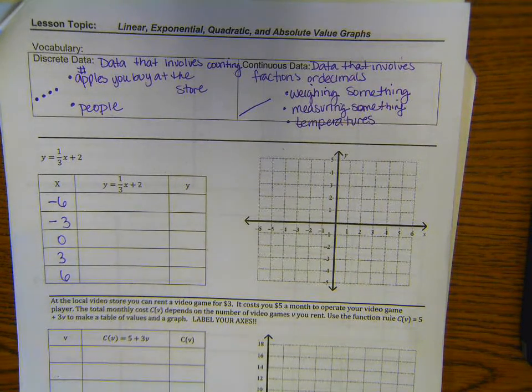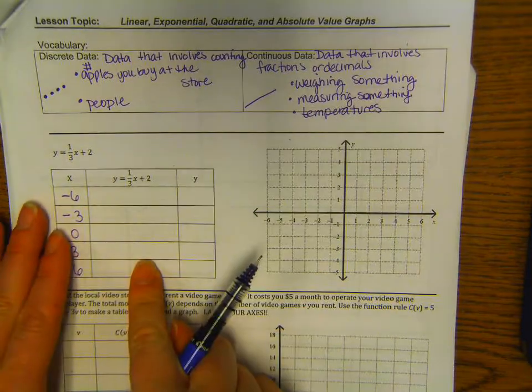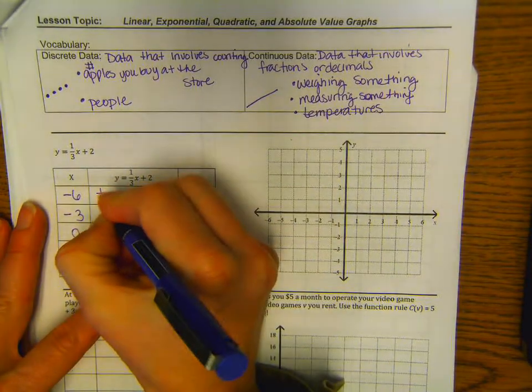When you're picking values, you do not have to pick those. You can go ahead and use your calculator. If you don't have a calculator, you can use one of mine in the drawer. These are the X values, let's plot the Y values. So in here I'm just going to show my work.